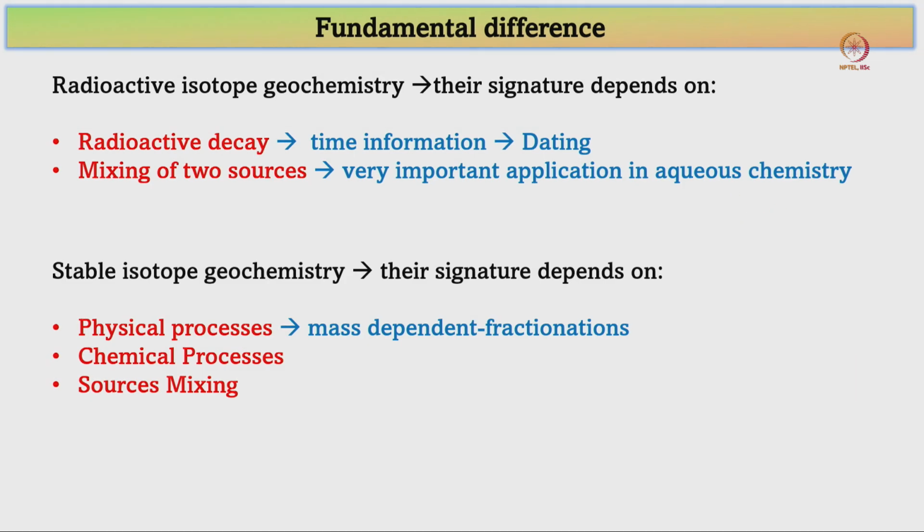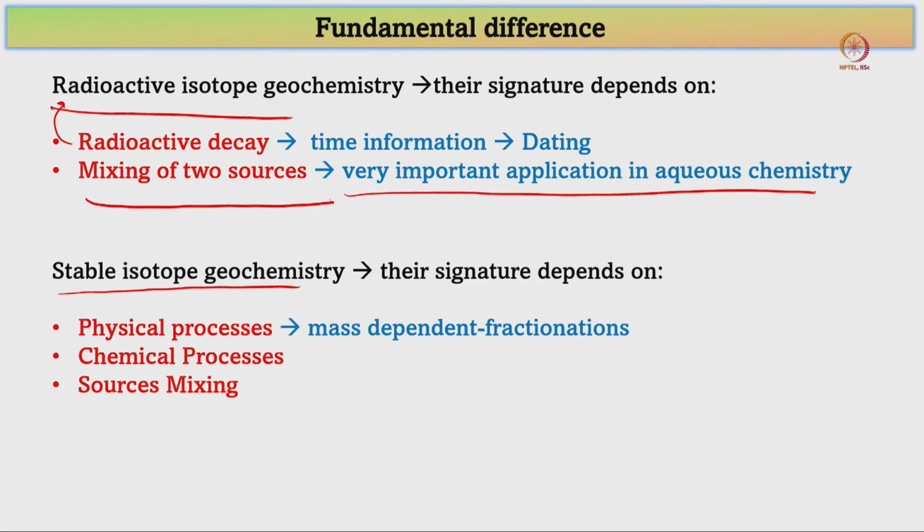So, the fundamental difference between radioactive isotope geochemistry and stable isotope geochemistry is what they are dependent on. First, radioactive decay controls radioactive isotopes, and radioactive isotopes also sometimes show mixing of two different sources if they have different originating time, which is again a very important application in aqueous chemistry.